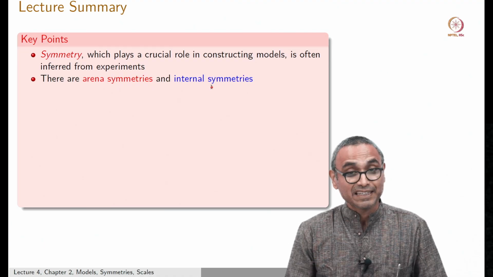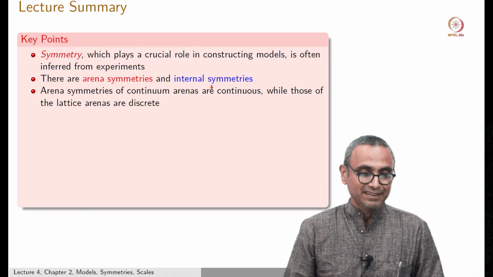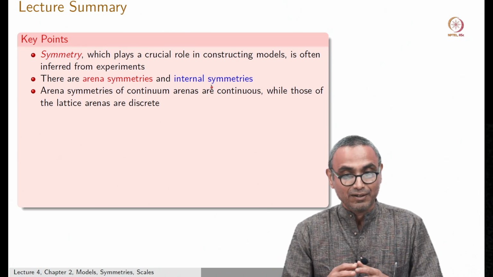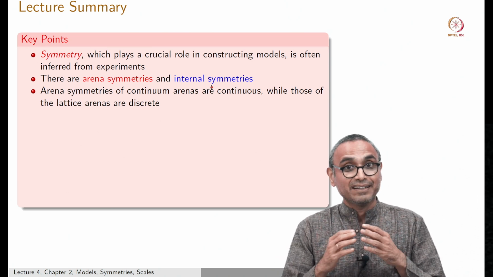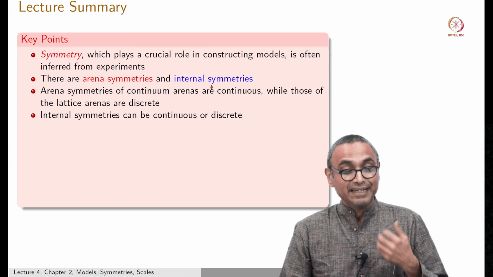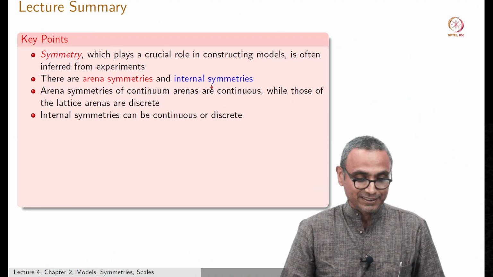There are arena symmetries and internal symmetries. Arena symmetries of the continuum arena are continuous, and arena symmetries of the lattice arena are discrete. Internal symmetries can be continuous or discrete.